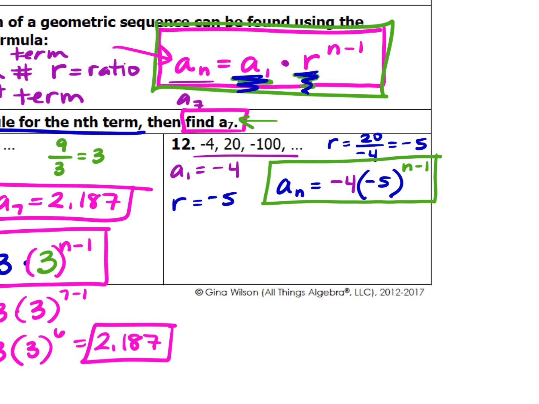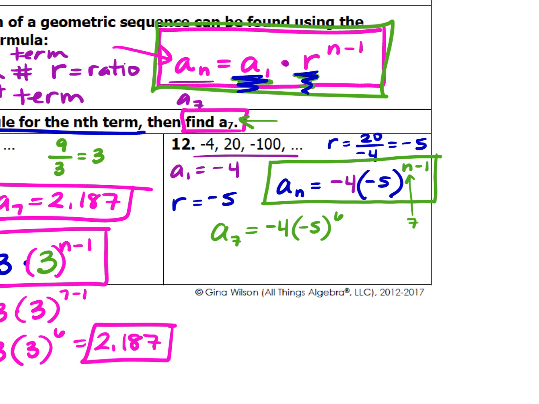We want the 7th term. What are you going to do? 7 minus 1 is 6. You're going to plug in a 7. So a sub 7, in other words, the 7th term, equals -4 times (-5) to the 7 minus 1, or to the 6th power, because you're plugging a 7 in for n.